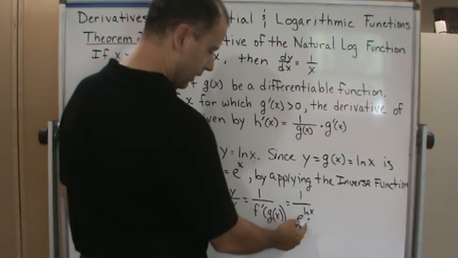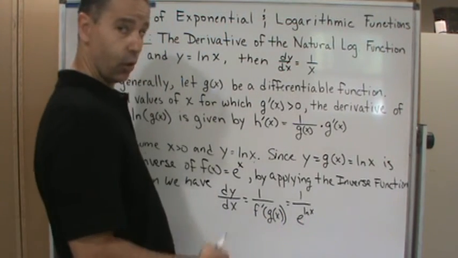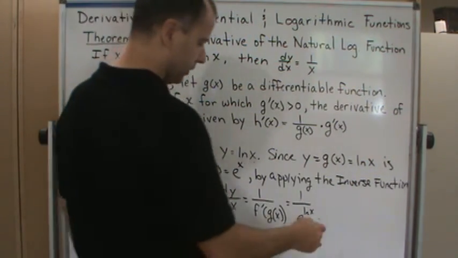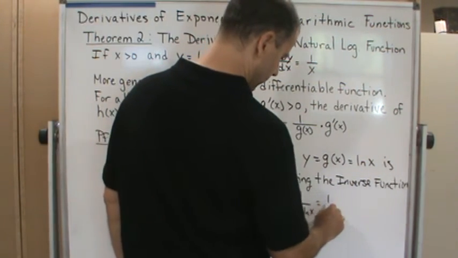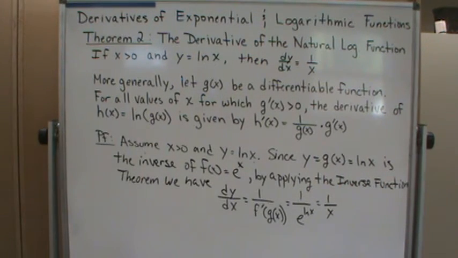This is a natural logarithm, this is the natural exponential. They both have the same base, so the inverse terms cancel each other out, and we end up with the same result of 1 over x. Because remember, when you compose two functions that are inverses of each other, you always get x out.